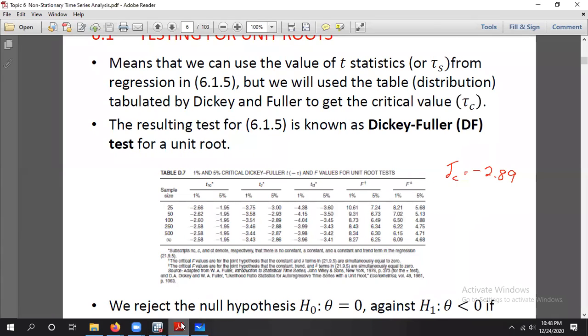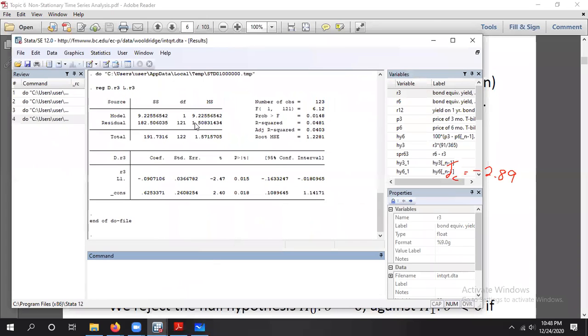Look again at the result from Stata: the tau statistic is negative 2.47.